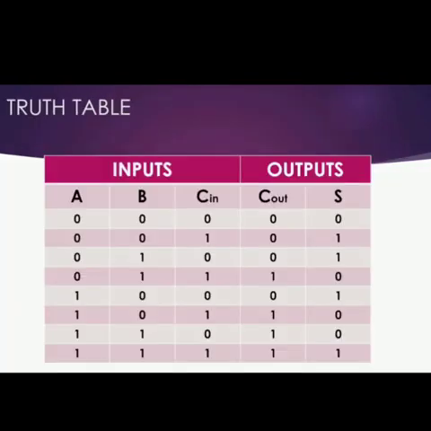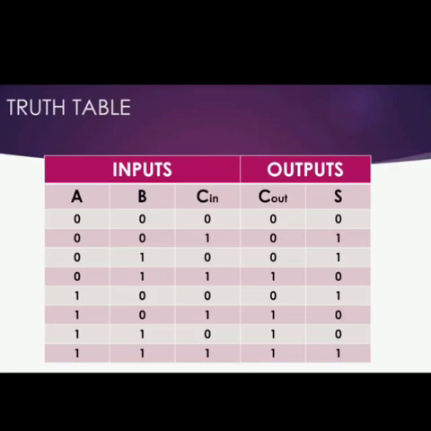And this is the truth table of a full adder. There are 8 different input bit combinations starting from 0, 0, 0 to 1, 1, 1. When we are adding 0 plus 0 plus 0, we get sum as 0 and carry as 0.